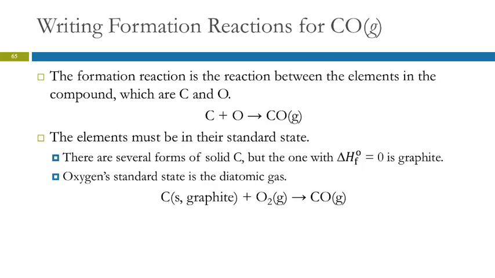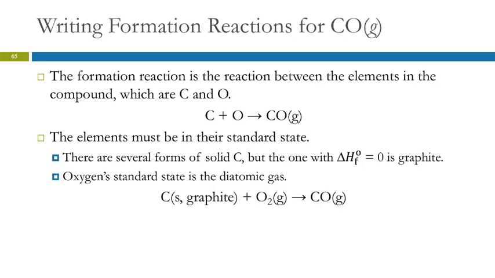So let's write a heat of formation reaction for carbon monoxide. Well, carbon monoxide contains carbon and oxygen, right? And so the reactants are going to be carbon and oxygen. But those elements have to be in their standard states.